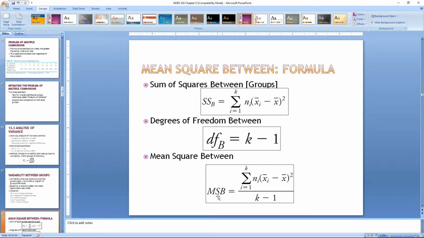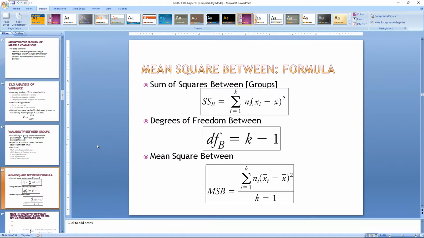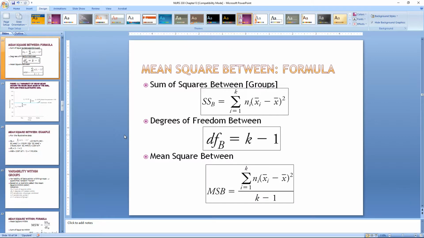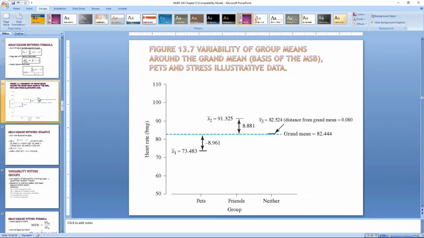We calculate this and we get our MSB. And this is the numerator for our F statistic. This is measuring the variability between the groups, so this is measuring between the dog, the human friend, and the test subject that had neither.